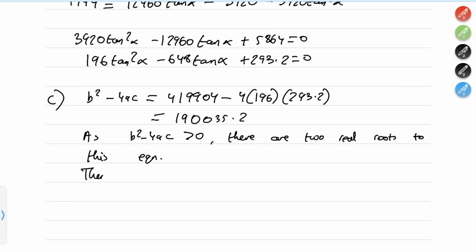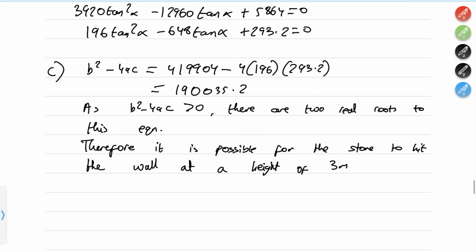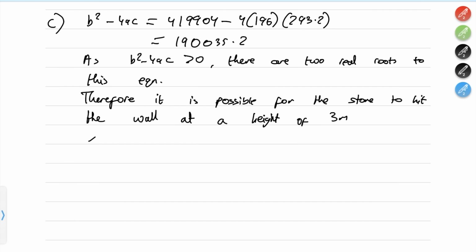Therefore, it is possible for the stone to hit the wall at a height of 3 meters. And I'm just going to give the angles here. So alpha is equal to 28.4 degrees to 1 dp, or alpha equals 70.1 degrees to 1 dp.